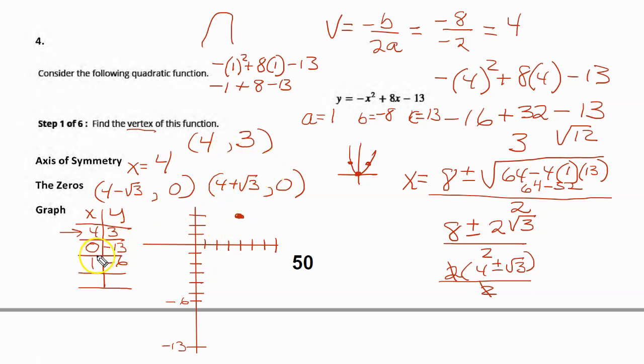But now you're going to take one of these points, this one here, and plot 1, negative 6. So there's 1, and then negative 6 is there. And then the graph comes down like so. And I'm not doing this very well here. And then it's going to have the y-intercept at 0, 13.